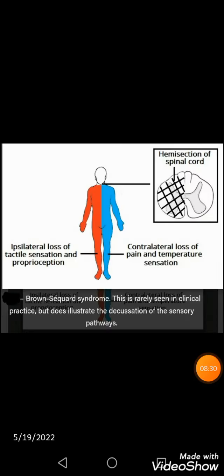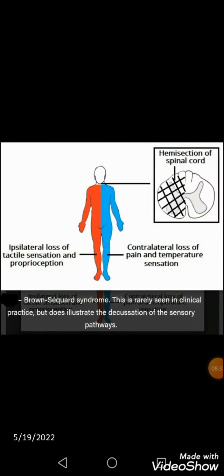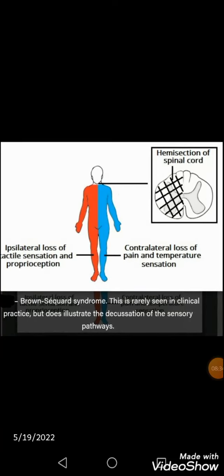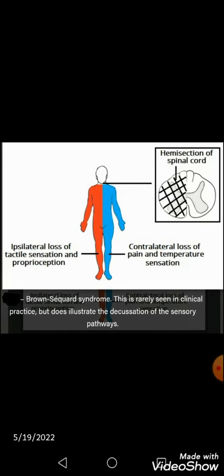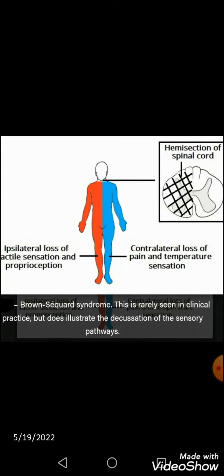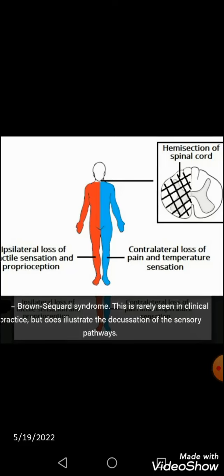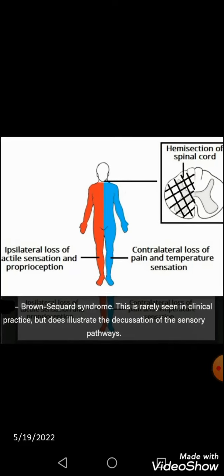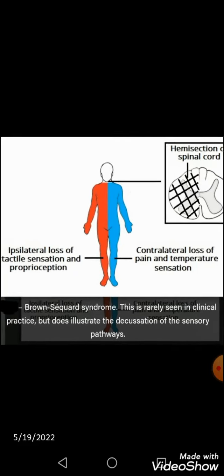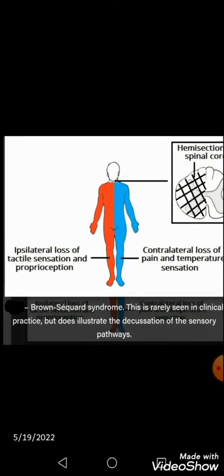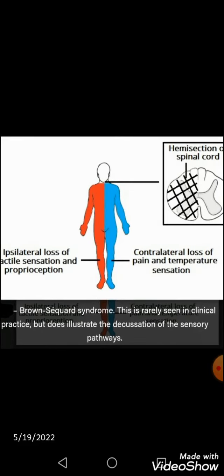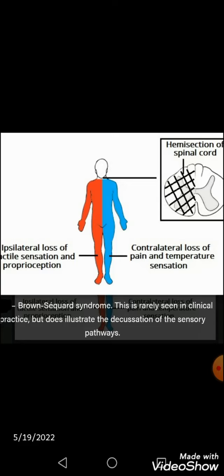Here is the diagram showing that in Brown-Séquard syndrome, if there is a hemisection of the spinal cord, how we get the contralateral or opposite side loss of sensations like pain and temperature, and what happens on the same side, that we observe the loss of tactile sensation and proprioception, right? The blue and red colors are showing these respectively, right?